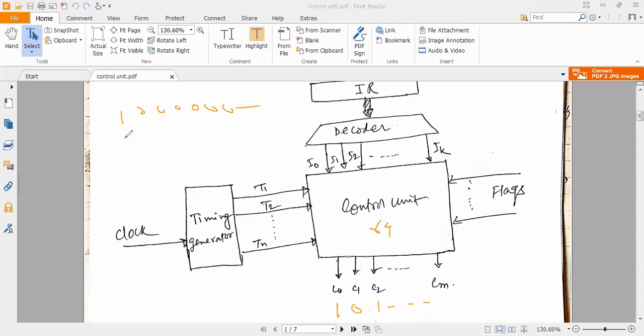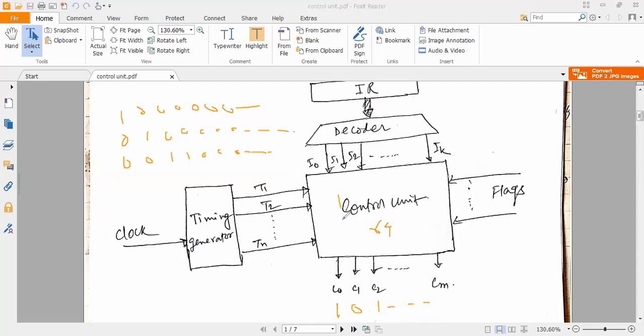In the second case, for the second micro instruction, maybe 0, 1, and others are 0. And the third one may be 0, 0, 1, then others 0. After that you get these bit patterns for C0, C1, C2, CM.